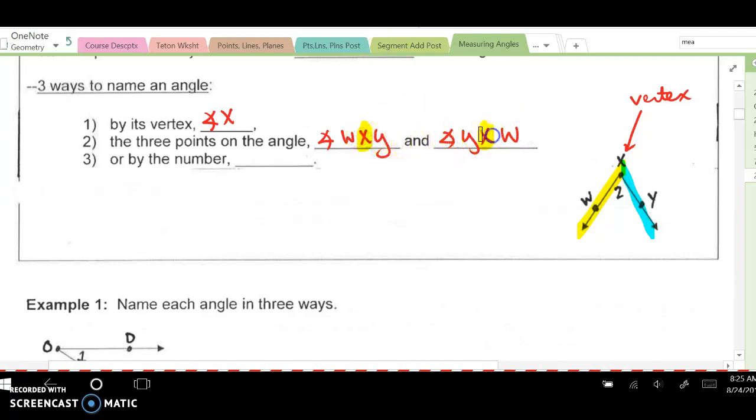What letter did I put in the middle of both of these? I hope you're saying to yourself, Miss put the vertex as the middle letter. That's important. The vertex has to be the middle letter. That's how you know where exactly the angle is. And then lastly, you can also name an angle by a number. In this case, there's a number 2 on the inside of this angle, so you could also call it angle 2.